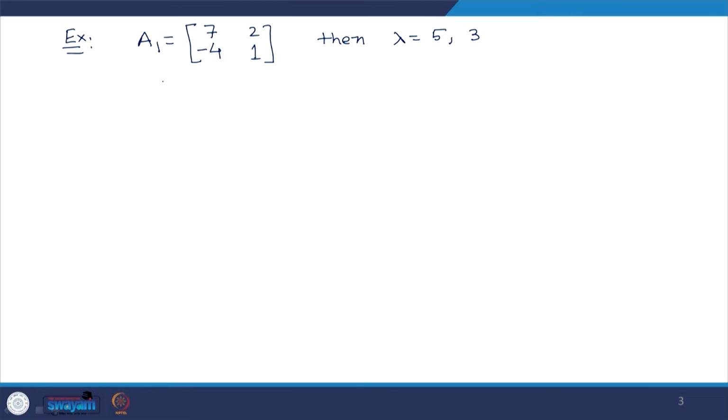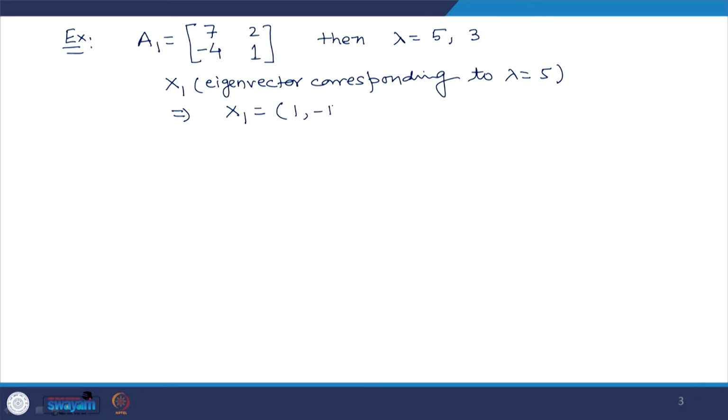Now, the eigenvector corresponding to lambda equals 5: here x1 comes out to be (1, minus 1) transpose. Similarly, if x2 is the eigenvector corresponding to the eigenvalue lambda equals 3, then x2 comes out to be (1, minus 2).